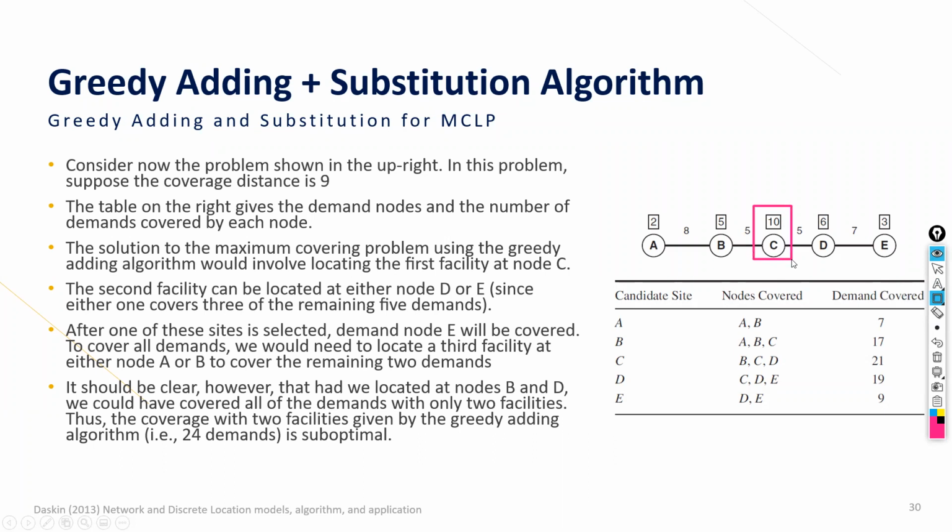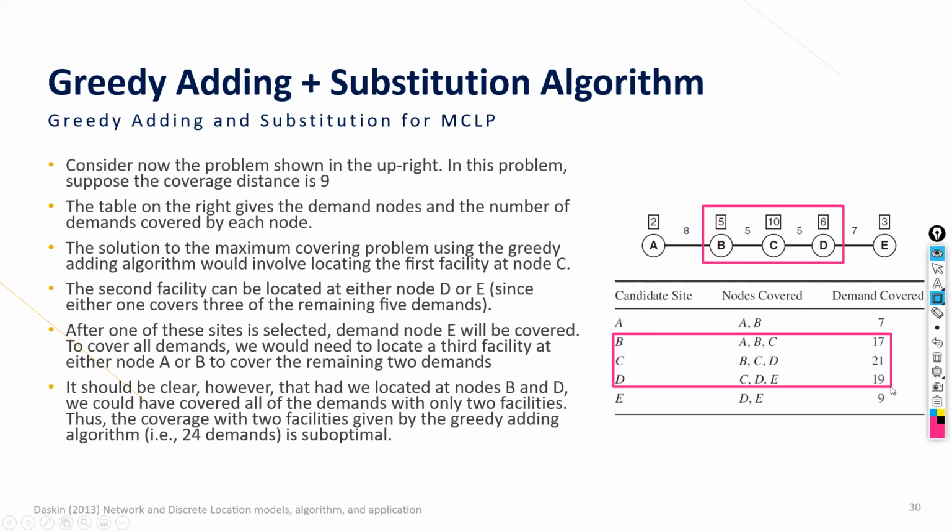Okay, C is selected. C will cover B, C, and D. So when you select C, you actually cover B, C, and D. It's already covered, and after one of these is selected, this one is disregarded.